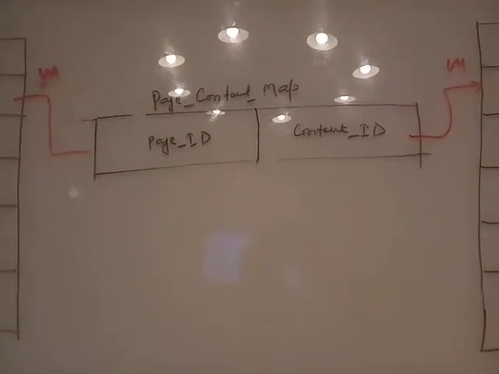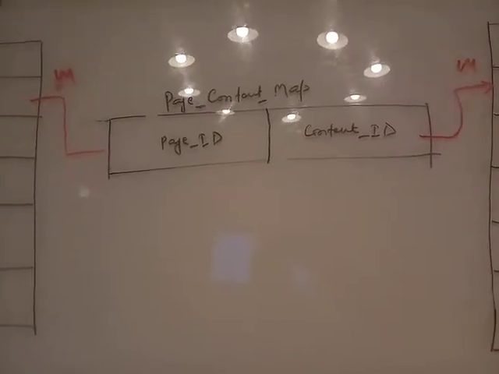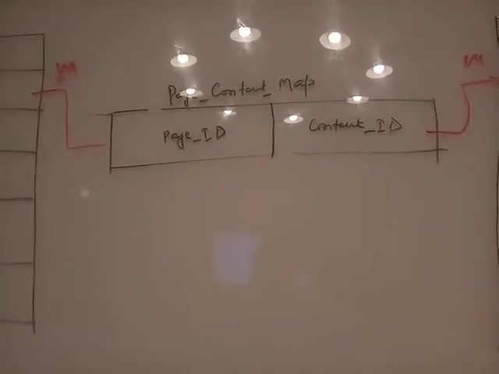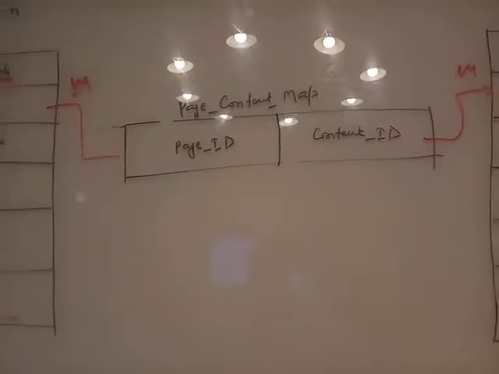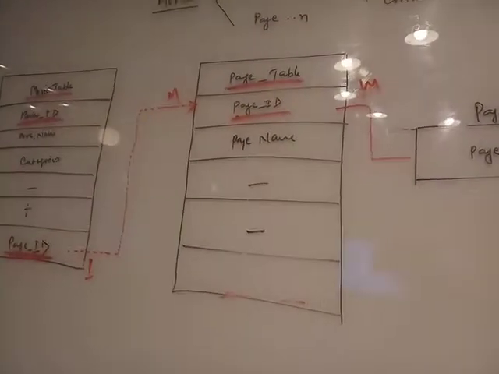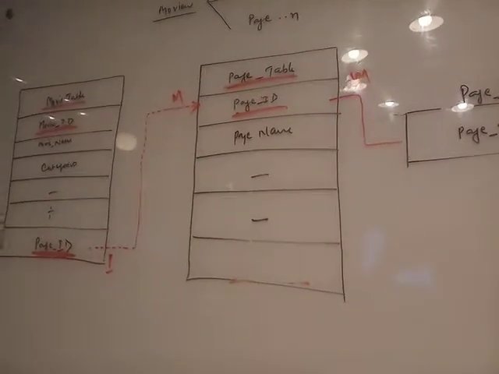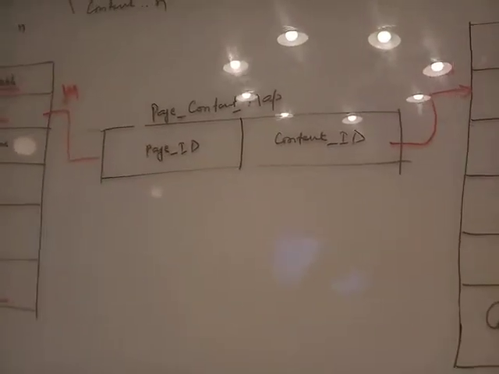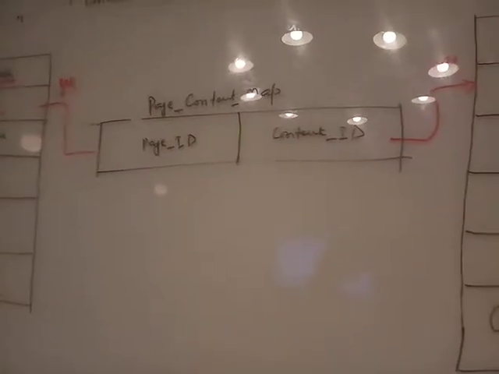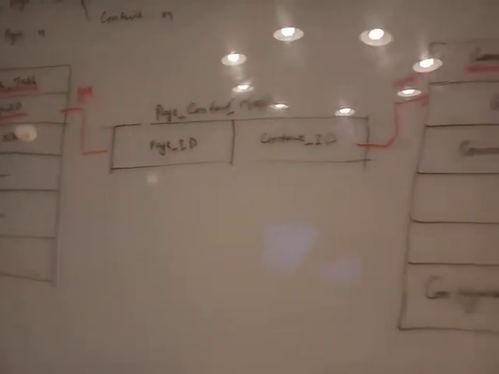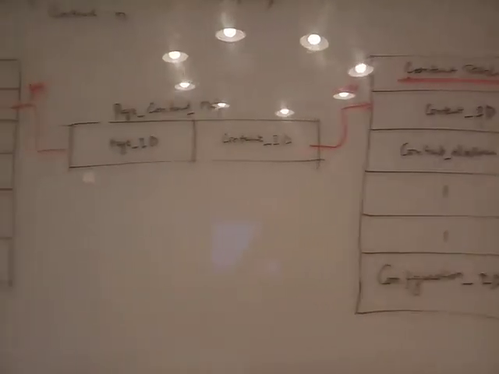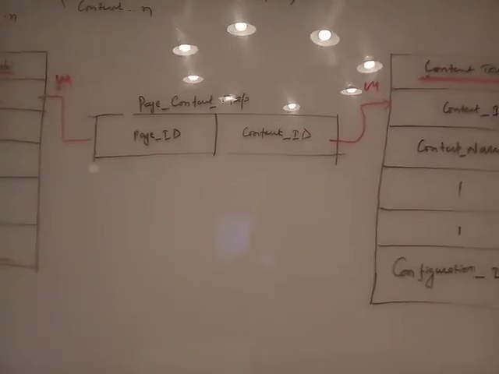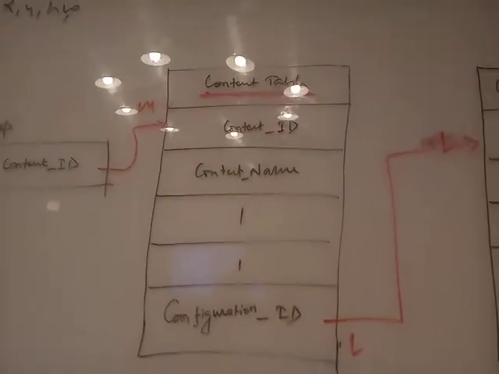So this is a page and content mapping table, where you have to put the page ID as well as the content ID. So in the page tables, the basic information like page ID, page name and so on. And in the page content mapping, both the IDs, the page table ID as well as the content table ID, you should keep here.